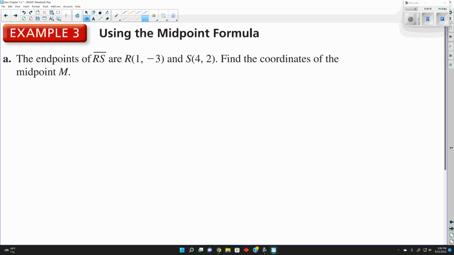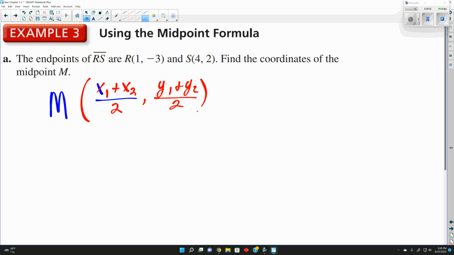So what we're looking at here, we want to find the midpoint. You're not having to graph it, you're not having to do any of that.